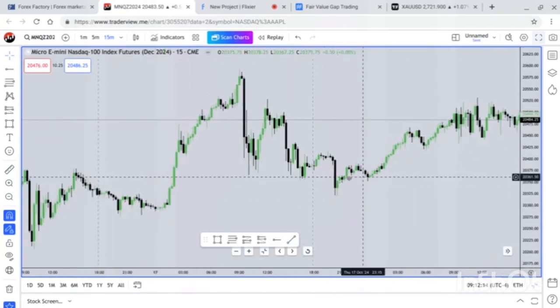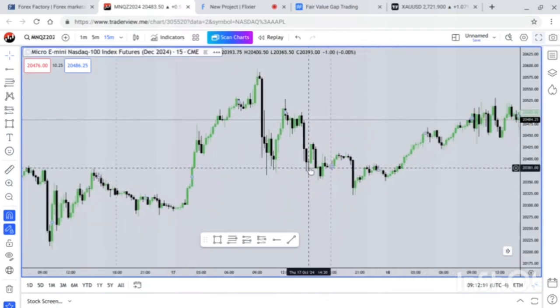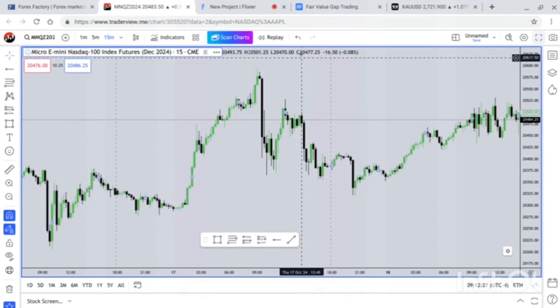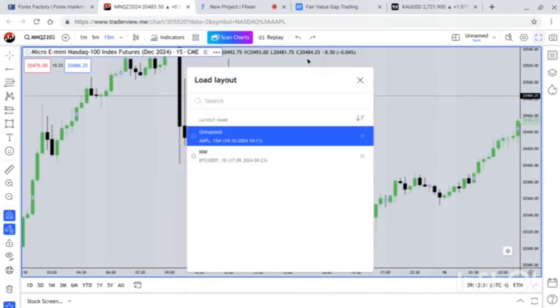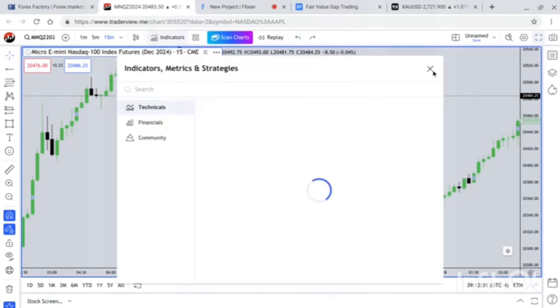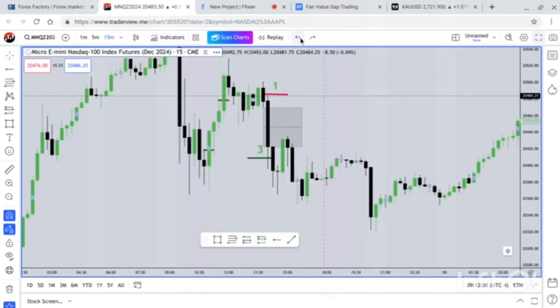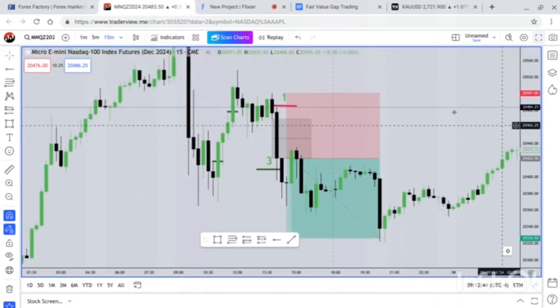Now, how will I know that I want to do a sell fair value gap, or I want to do a buy fair value gap? The one we analyze now, which is this one here, let me show you. This one that we analyze here now is a sell fair value gap.